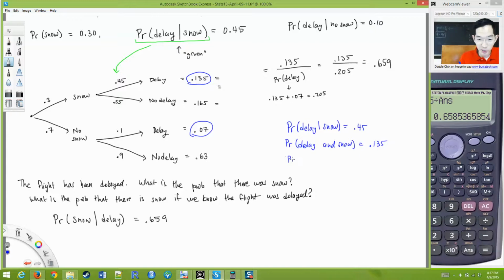And then I have probability of snow given delay, which is different from both of these, and that is 0.659. So these are all asking different things. The answer 0.135 is not the answer to this question.